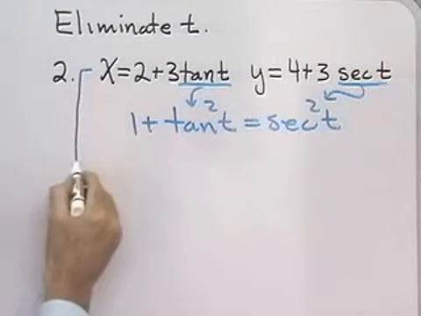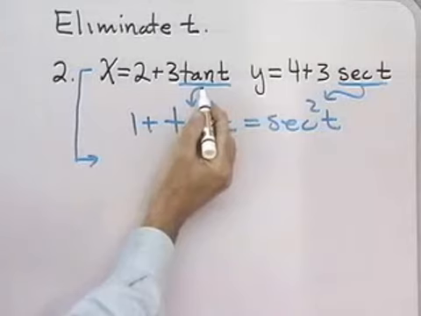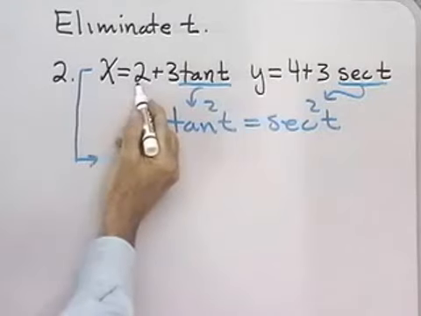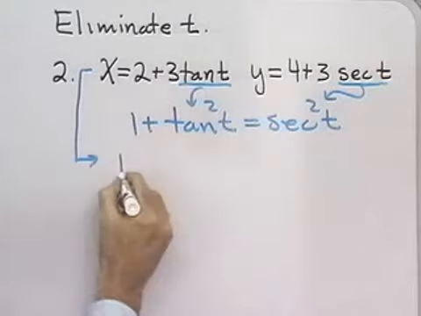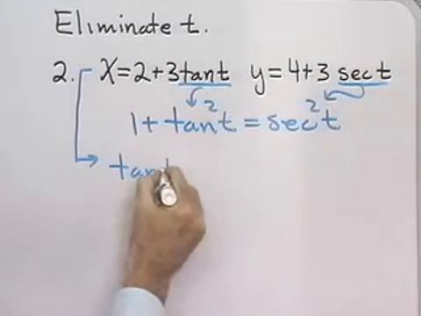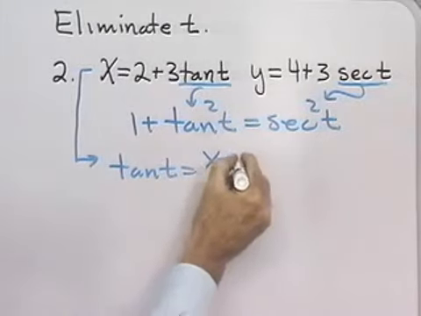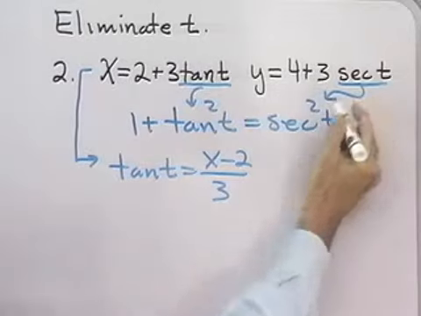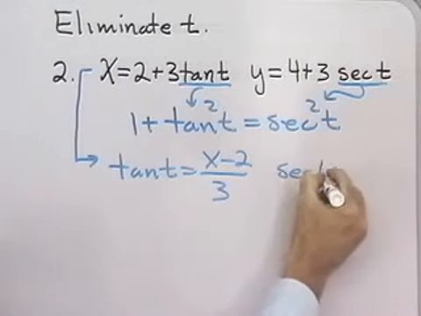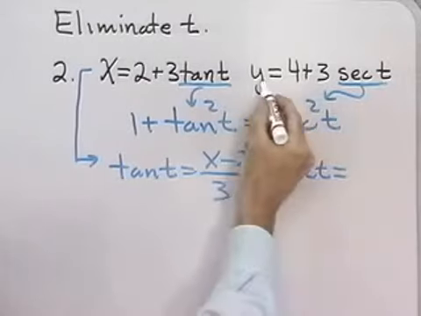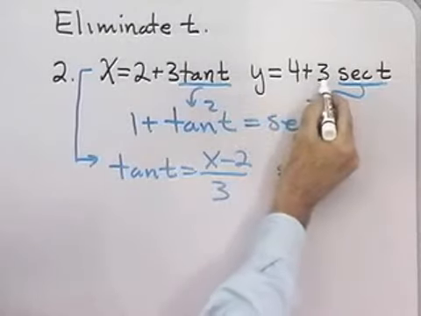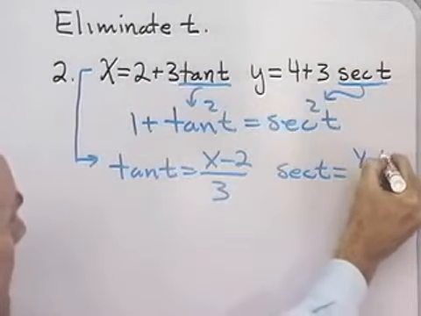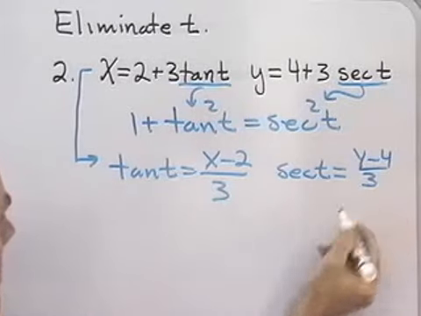So I solve this equation for tangent t. Tangent t will be x, subtract 2, and then I'll divide by 3. So tangent t is equal to x minus 2 divided by 3. I'll solve this for secant t, and I'll get secant t is equal to y, subtract 4, and then I'll divide by 3. So y minus 4 divided by 3.